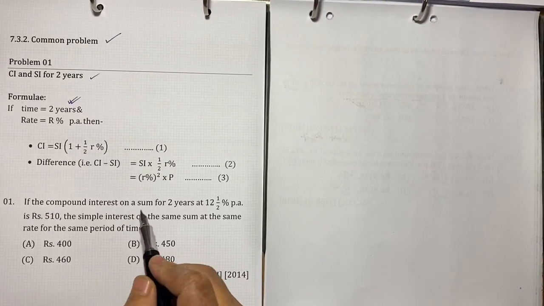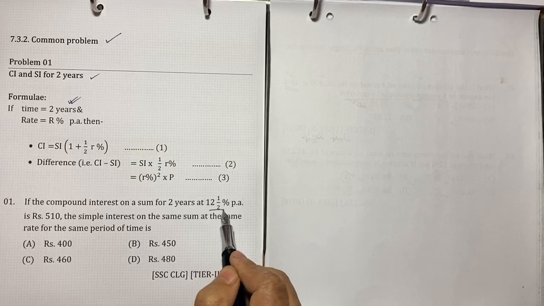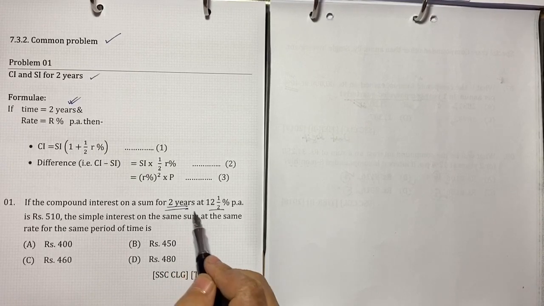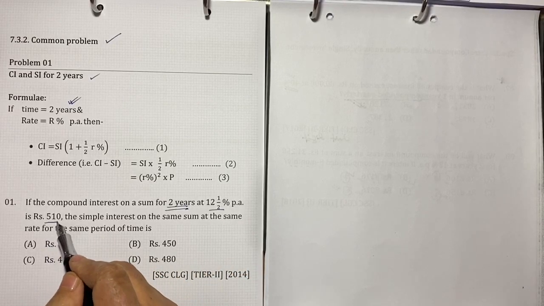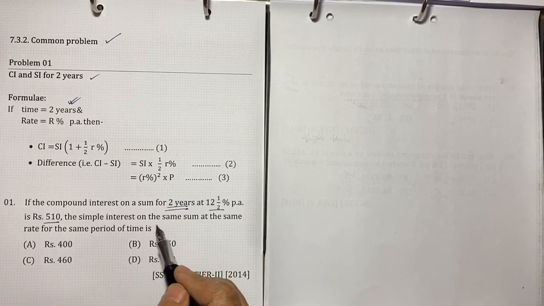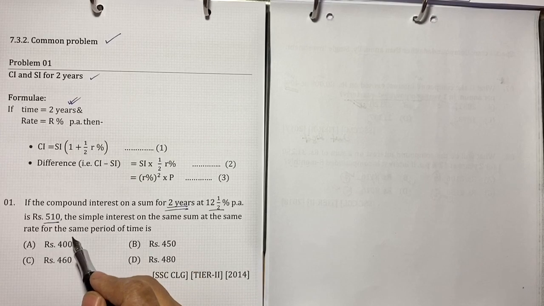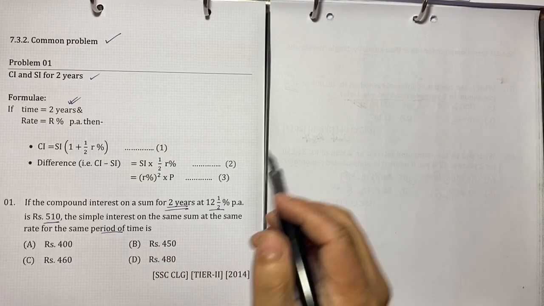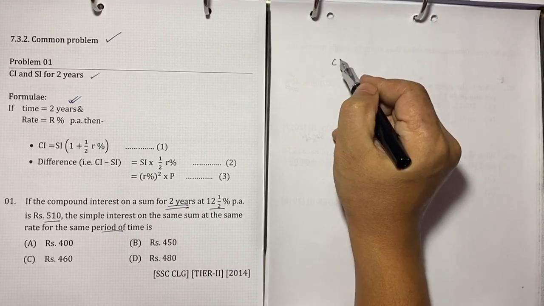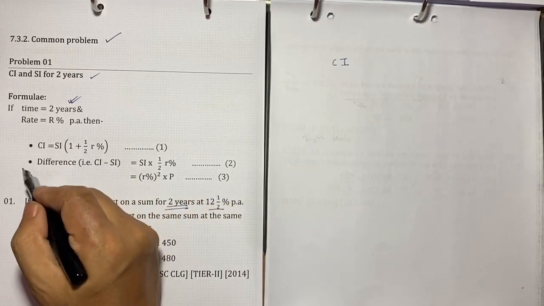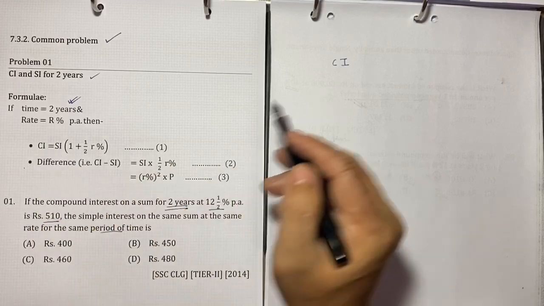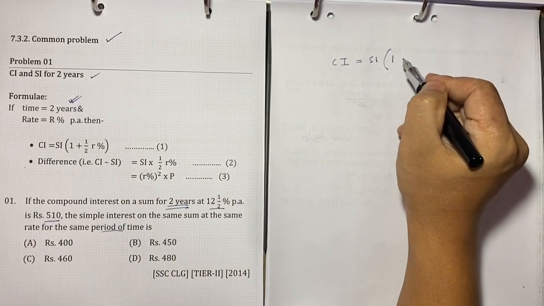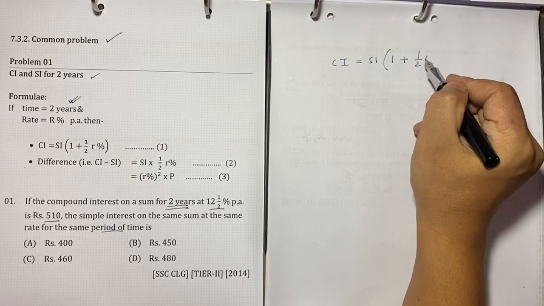Compound interest on a sum for 2 years, at this 2 years condition satisfied. Then the simple interest on the same sum, for the same rate, for the same period of time. Since we do not have the difference, we have only one formula: compound interest equals simple interest into 1 plus half of r%.